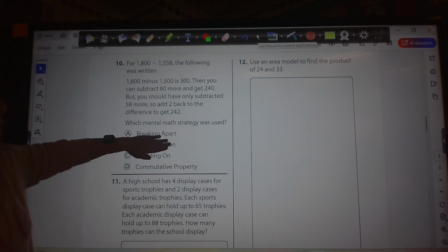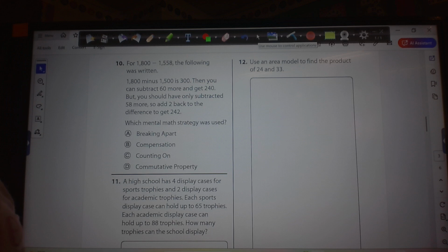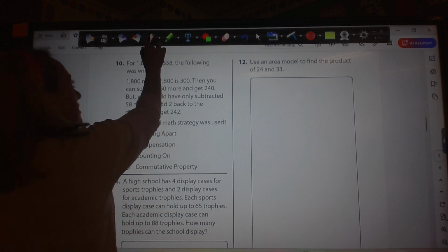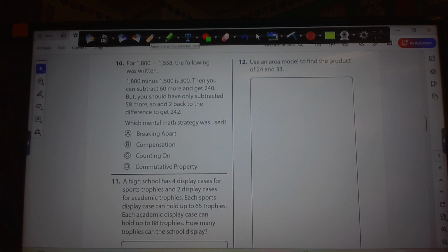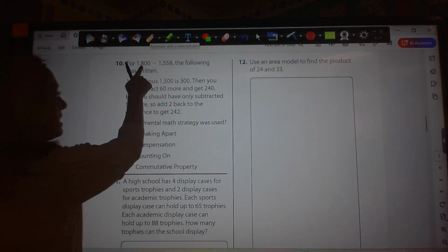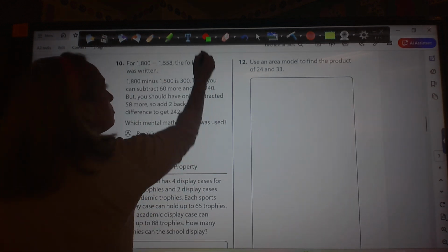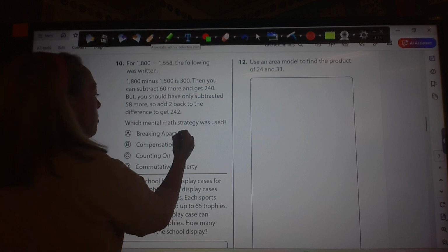What does it mean when you break apart? What's that mean, Grant? Show me, give me an example of what that would look like. Do you know? Yes, we would have done like 1,000 minus 1,000. This is breaking apart.